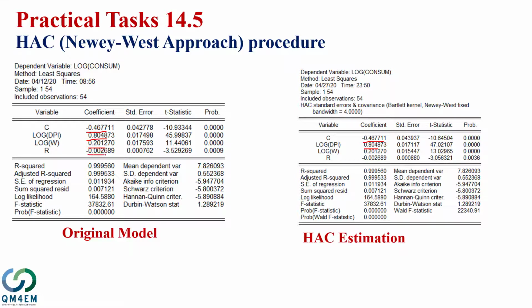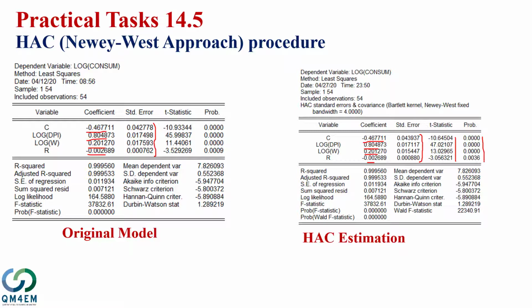The slight variation is in the standard errors. There is some minor variation across the two, and because of that some minor changes in the t-statistic value and the probability value. But by and large the results of the two models are comparable. That shows one reason that the autocorrelation problem was not so severe for us.